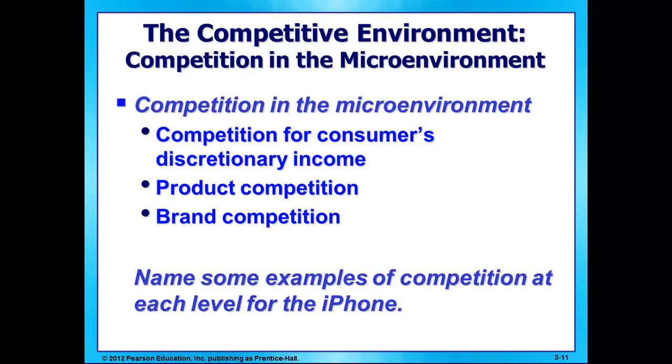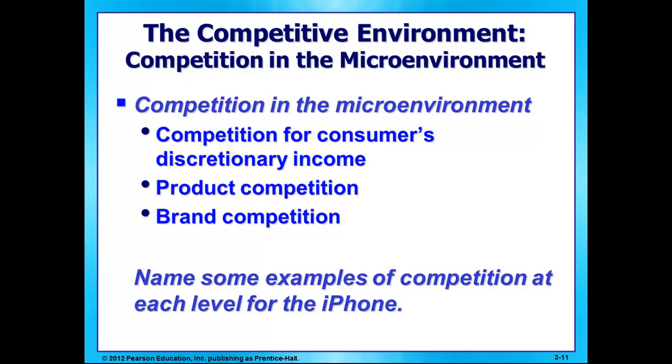So, for example, we might say that Coca-Cola competes with Pepsi. We might say that Burger King competes with McDonald's at the brand level. And most companies, when they do competitive intelligence scanning, focus on their immediate or direct brand competition.